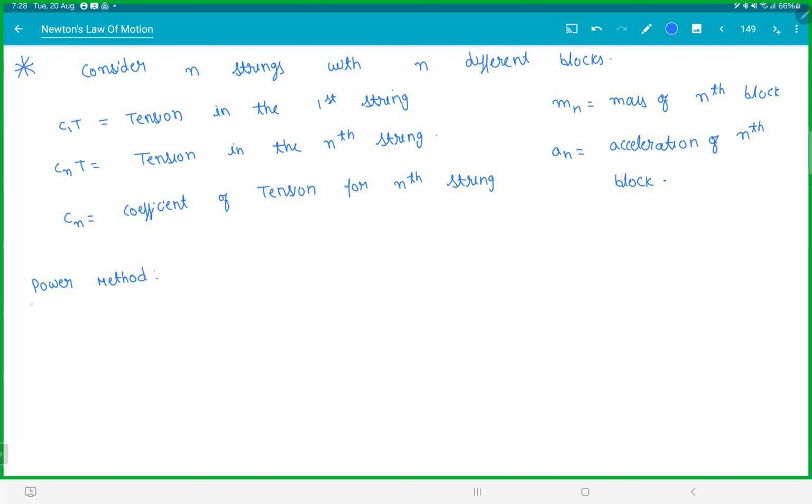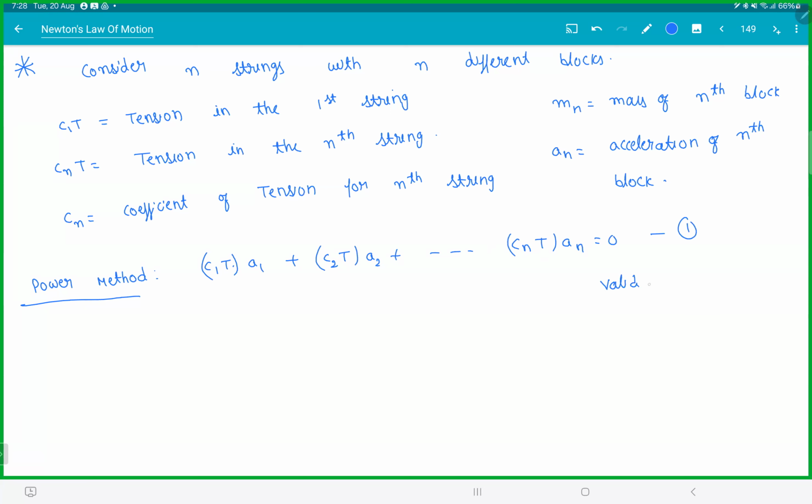it says what? Tension times acceleration. So C1T is the tension, T1, A1. Second one, C2, A2, T2, A2. So on, CnT, An equal to 0. This is your first equation.